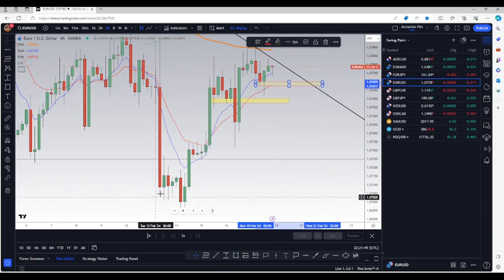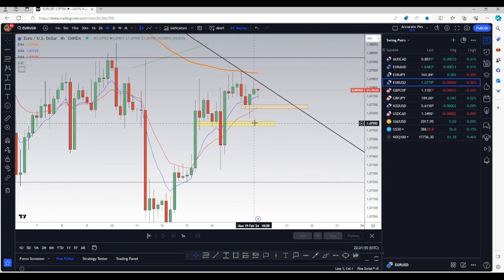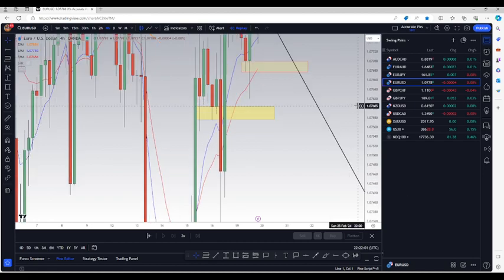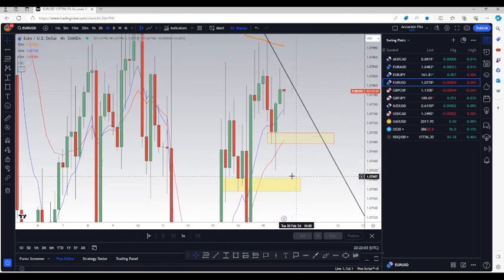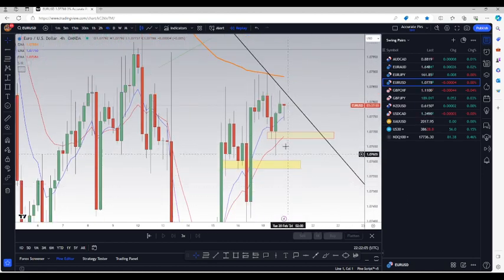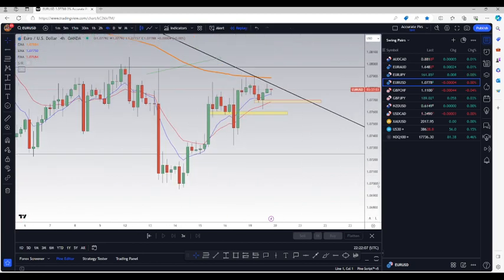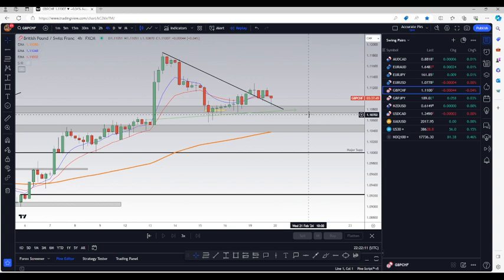Remember, use the wick as your evidence as well, where price is respecting a lot. Normally when you see these wicks, price is respecting it a lot. You see price just push right back once it comes to these price levels, and the candlestick closes right back above it. So if we get a close below it, then yeah, we'll start to see some movement on USD. Alright, let's move on to GBP.